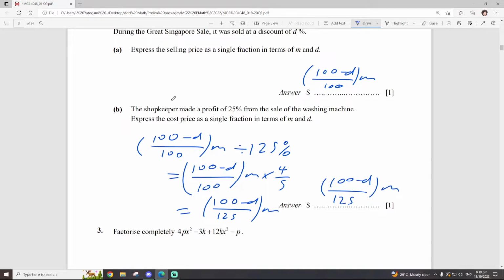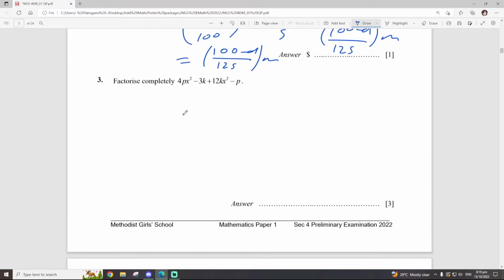Okay? Factorize this completely. So the most obvious one we see first is the x squared, right? So we do 4p plus 12k, x squared minus, we'll put the p and the 3k first. So we'll bracket this and put p plus 3k.